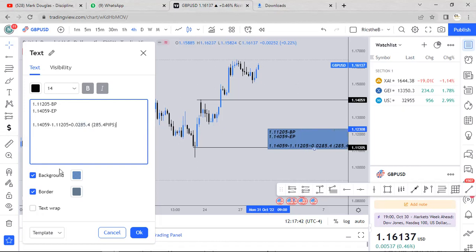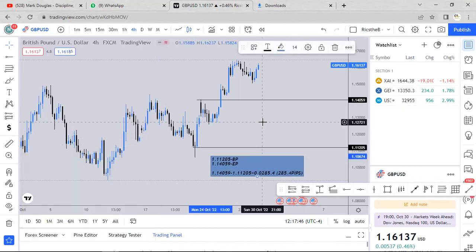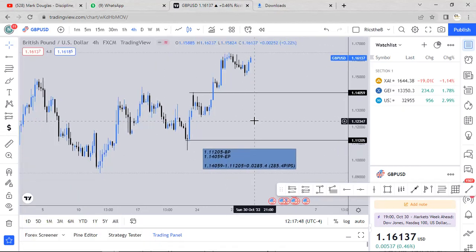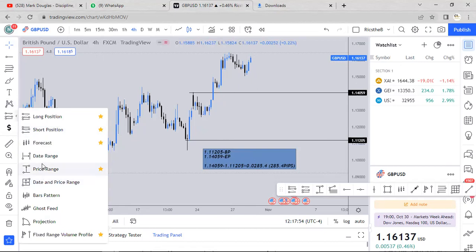We can ascertain if this is true because you don't really have to calculate this manually, since you have tools to help you do so, but it's really important for you to understand how to. So I'm going to use the price range tool. This is a tool used to determine pips. You can also use a ruler if you want to measure market movement.